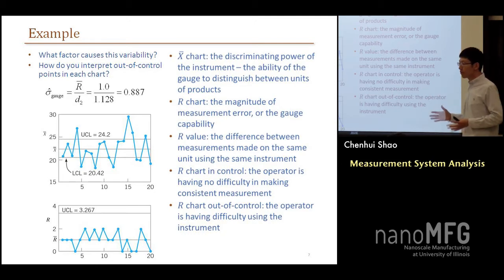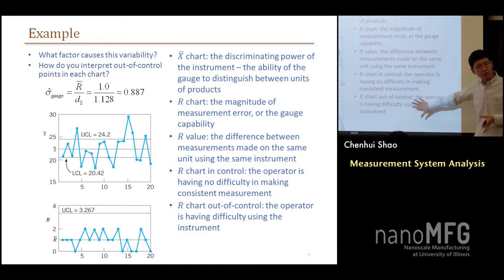But if that happens, it means something's wrong with the measurement process. We want to dig into the root cause and try to eliminate it in future measurement experiments. If the R chart is out of control, like I said, the operator has some difficulty using the instrument.